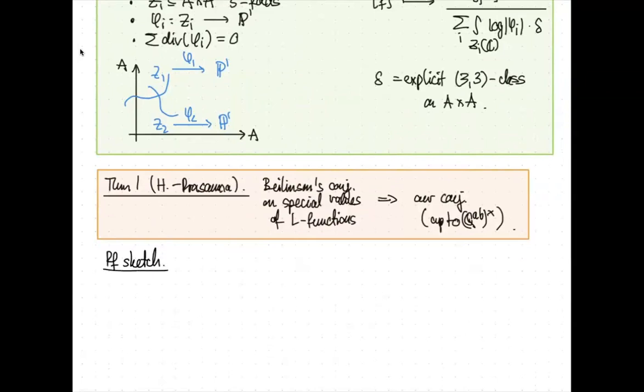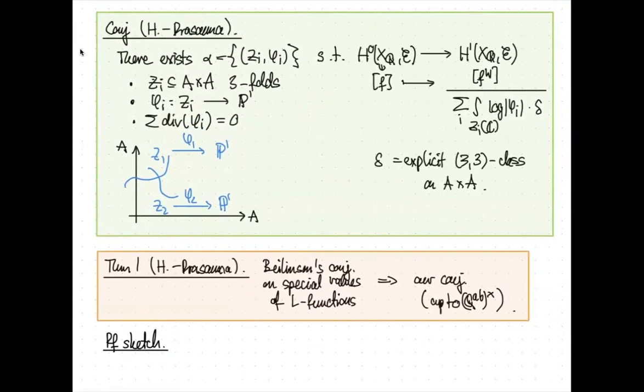It's a math talk, so we can do at least one fake proof. I just want to give the sketch of the proof because it's not immediately clear what any of this has to do with L-values.